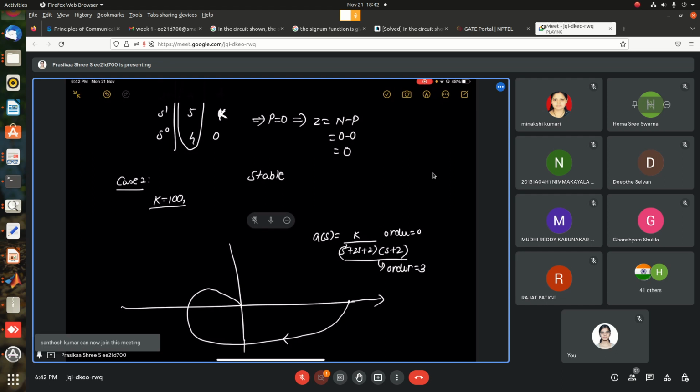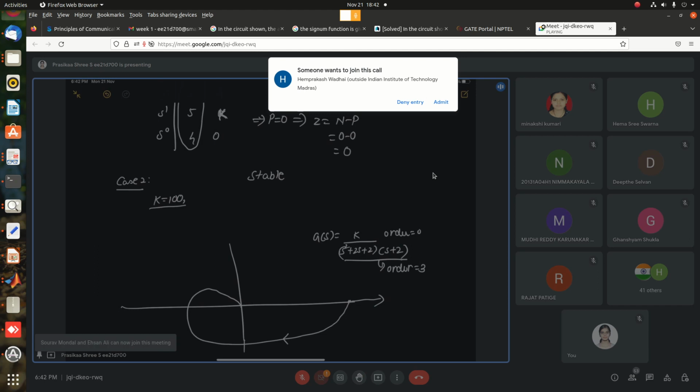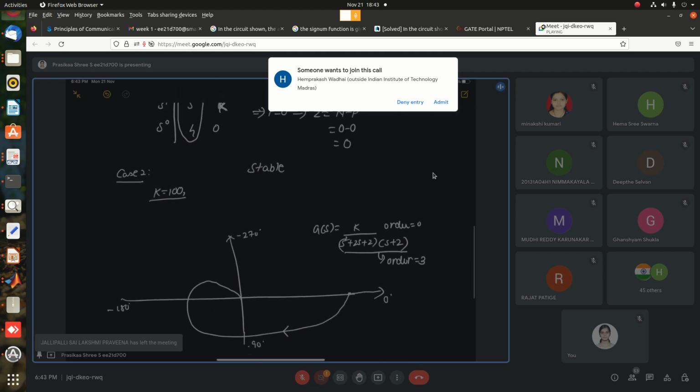Whenever there are no zeros, the plot starts at here and it goes to 0 degree, minus 90 degree, minus 180 degree, minus 270 degree. So for order is equal to 3, for one pole, it will be giving a phase shift of minus 90 degree.